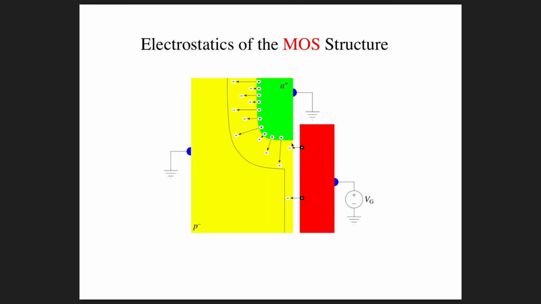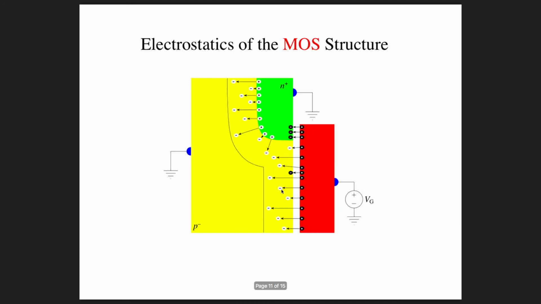And so there's an energy barrier to get from the source region, this N plus region, up into this area right at the surface, but it's not quite as big an energy barrier as it would be to get back into the substrate through this route, but it's still a pretty large energy barrier. But as we add more gate charges and we increase the width of this depletion region, we bend the bands down a little bit more, and we reduce the energy barrier here by more and more.